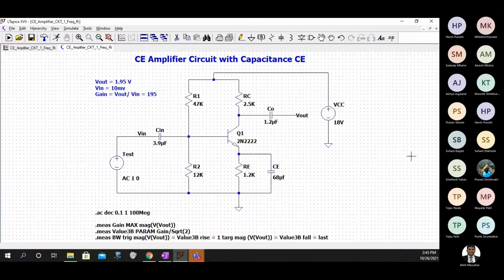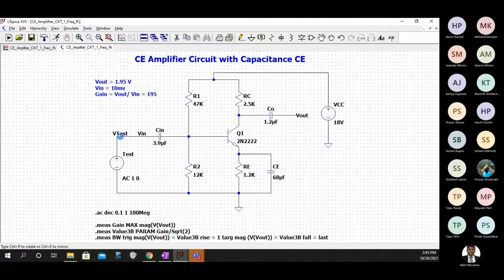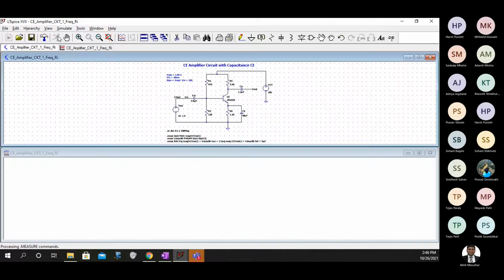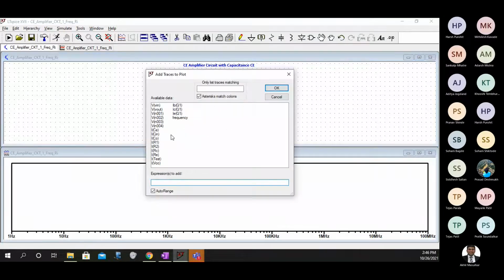So what I will do is I test is already available, but V test is not available here. So I'll just mark this as V test. This is V test. Again I'll run this and I'll say add trace, and this time I'll just say V test.